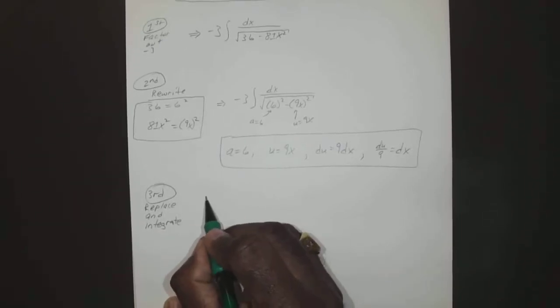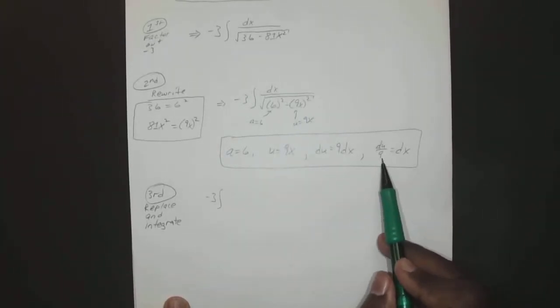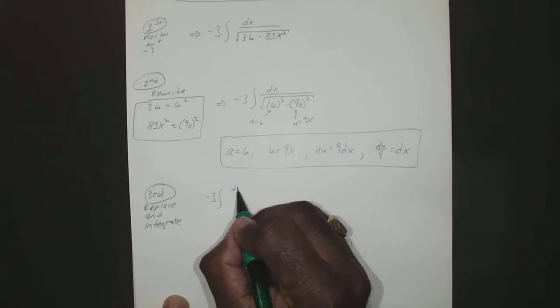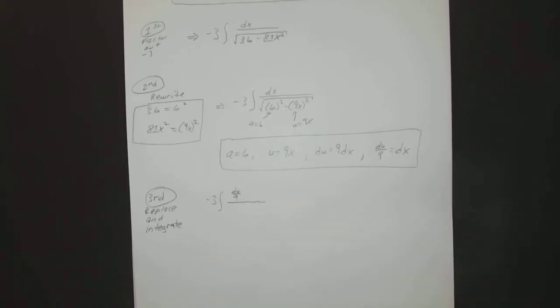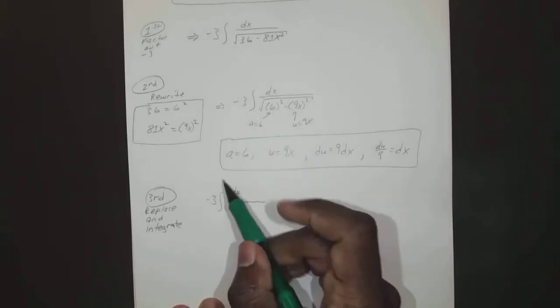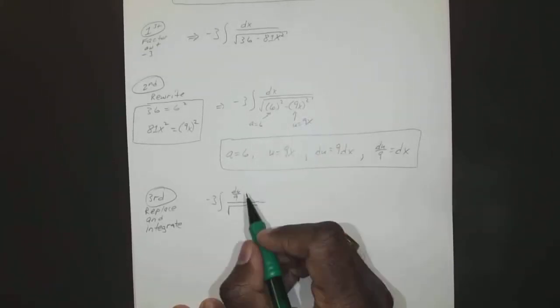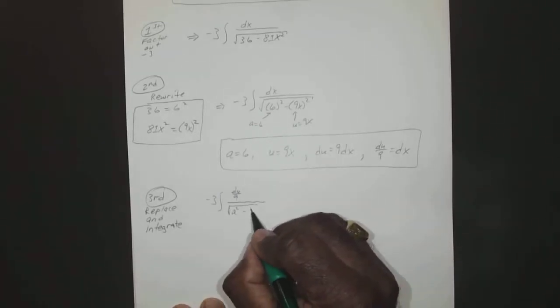Okay, so we have our negative 3 times the integral, our dx. We can replace that with du over 9, or 1 over 9 times du, whichever one makes you more comfortable. So we have our square root, we have a squared minus u squared.